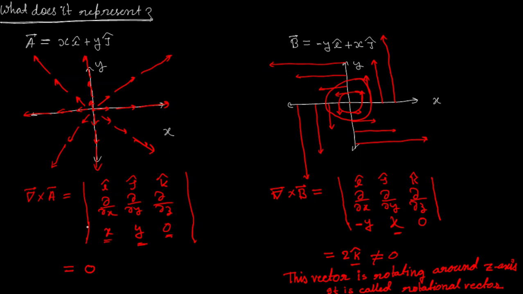And if we take the curl of a vector quantity and we get 0, then this type of vector will not rotate about any axis.